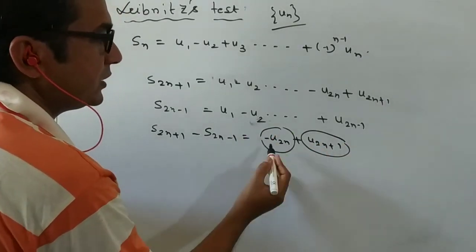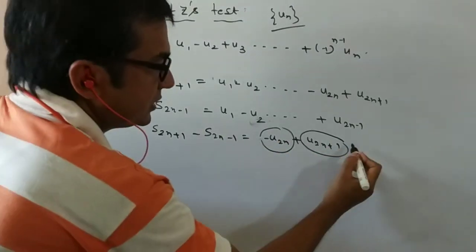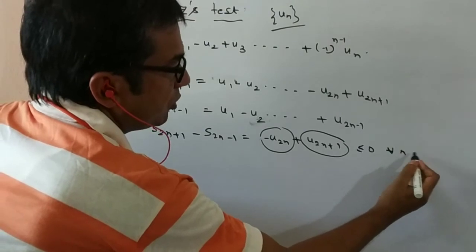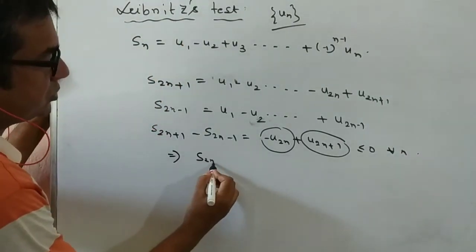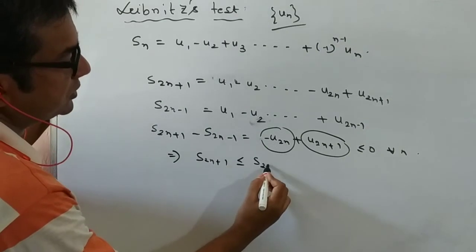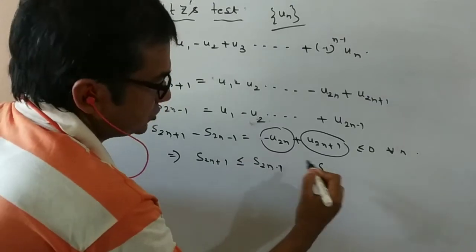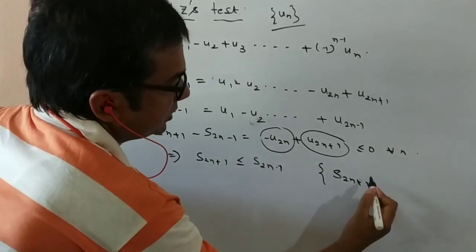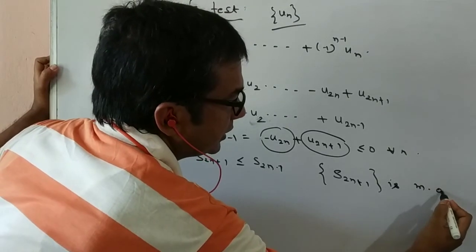So this result is negative, that is less than or equal to 0 for all n. This implies S2n+1 is less than or equal to S2n-1. So the sequence S2n+1 is monotonic decreasing.